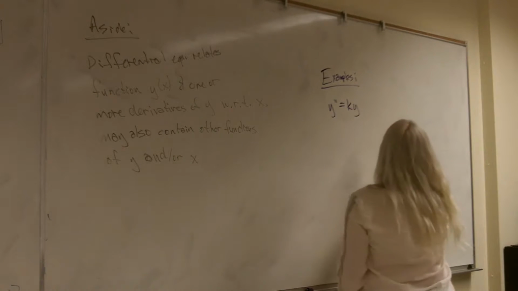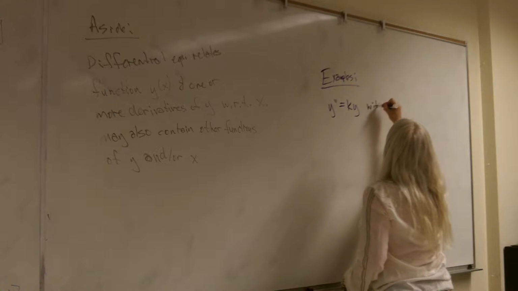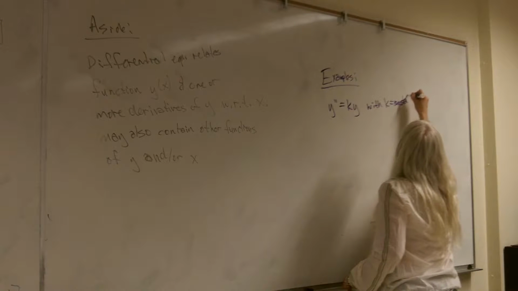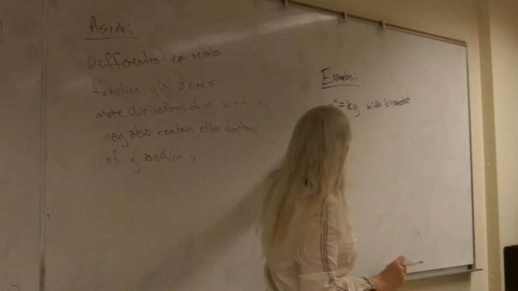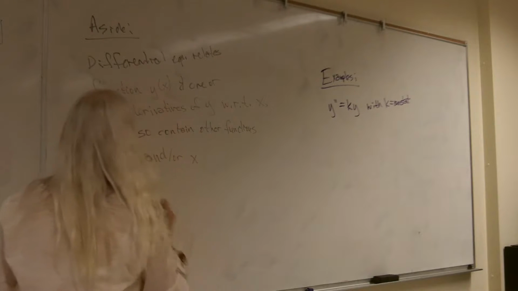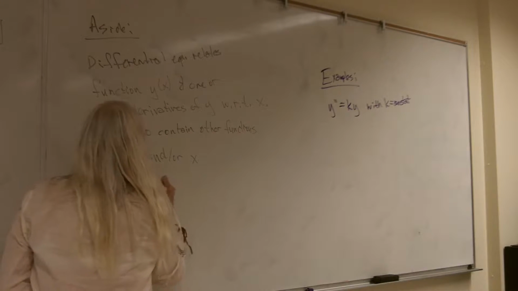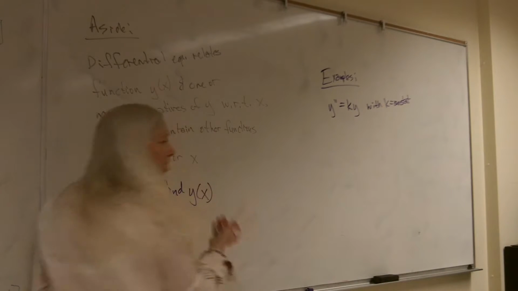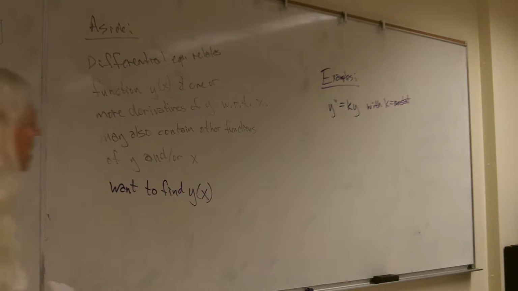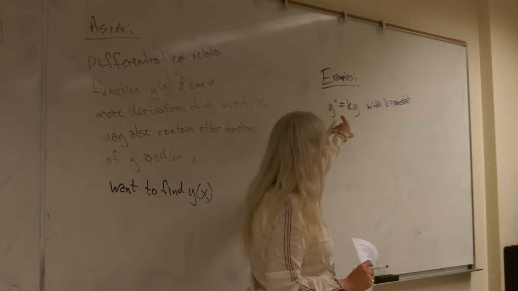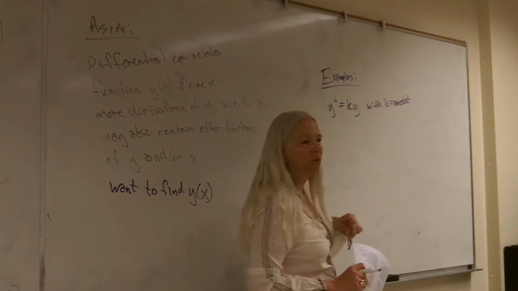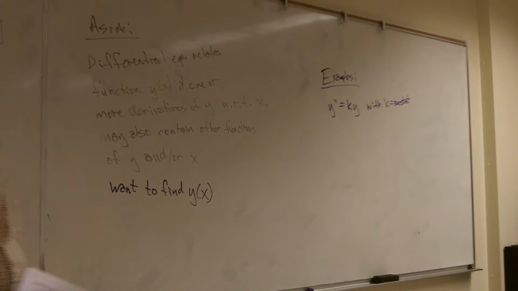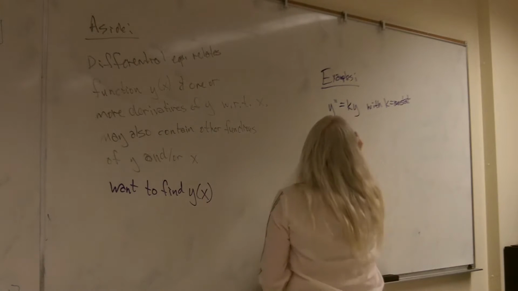So that could be equal to k times y, where k is some constant. In other words, our goal here in solving our differential equation is to find the function y of x that satisfies the relationship described by the differential equation. So this says we want to find some function y of x that if we take the second derivative of y with respect to x, it will give us the same function y that we started with, except multiplied by some constant.